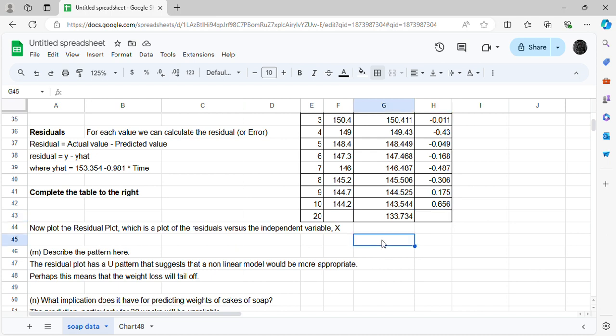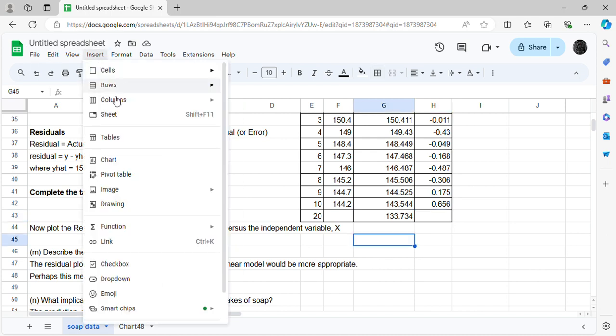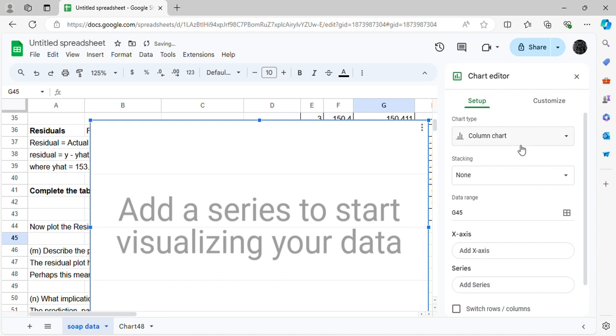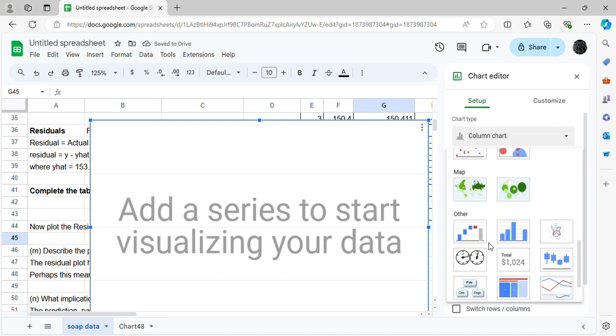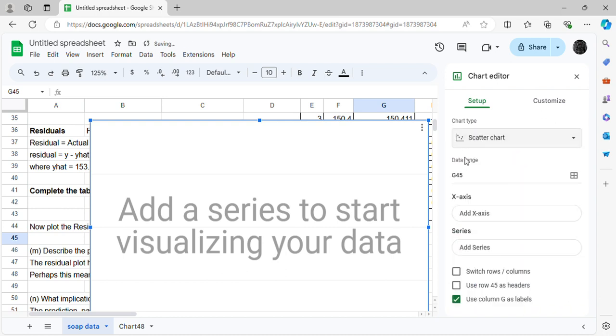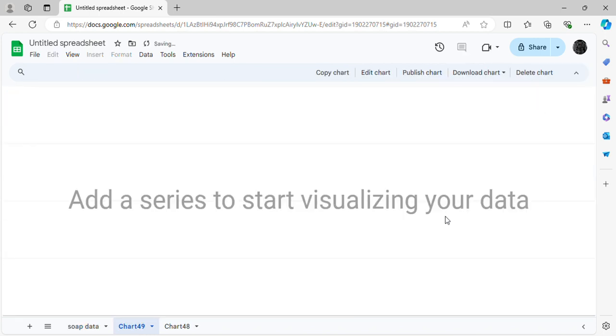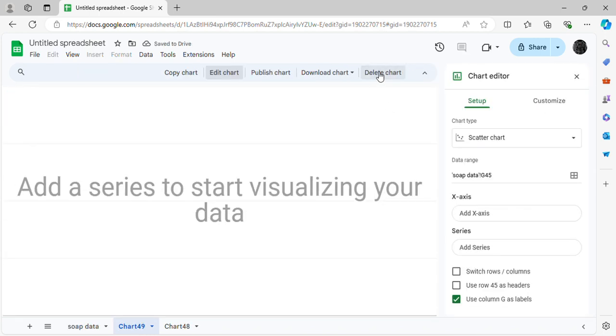So click in an empty cell, click on Insert, click on Chart, and then select Scatter Chart. Let's take this to the sheet and click on Edit Chart.